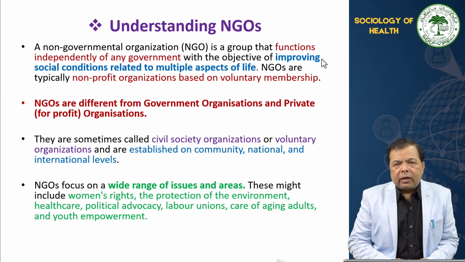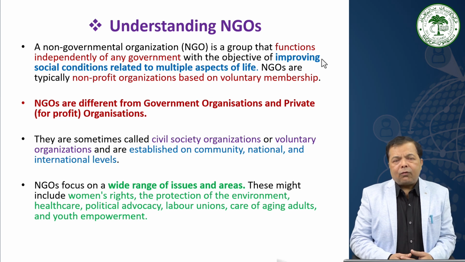So if a particular organization is working for making profit, then it will not be considered or identified as an NGO, because primarily, basically, these are non-profit or not for profit organizations. And then these are based on voluntary membership also, right?